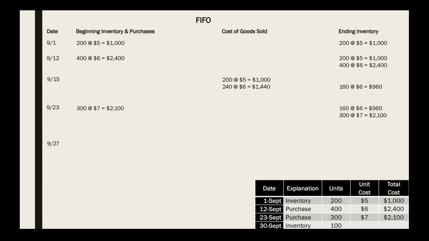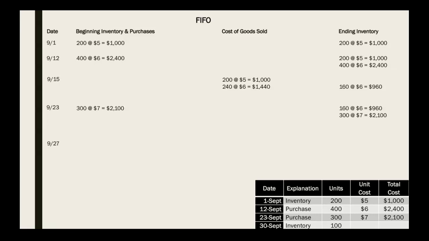Now on the 23rd, we purchased 300 more units at $7 a piece. So we write out that 300 at 7 over in the purchases column. Then we head over to ending inventory, and we still have those units at $6 a piece, so we need to write those down.